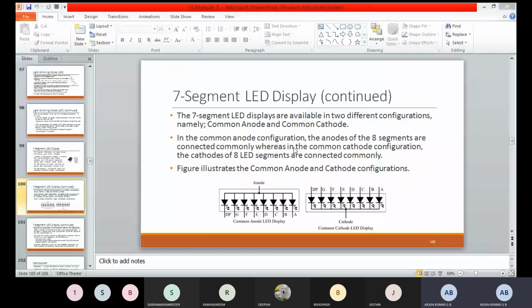Whereas in the common cathode configuration, all the cathodes of the 8 LED segments are connected commonly. In a diode, which one is the anode and which one is the cathode? The arrow is your anode side, the flat head is your cathode. Anode is represented by positive and cathode is represented by negative. You can see this figure.